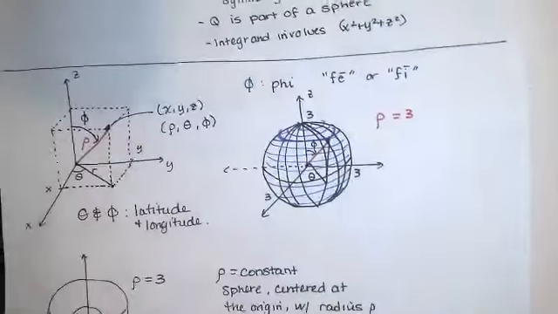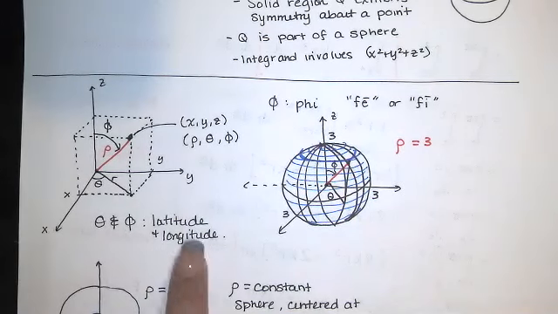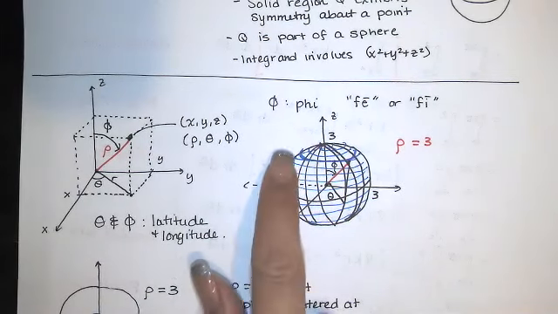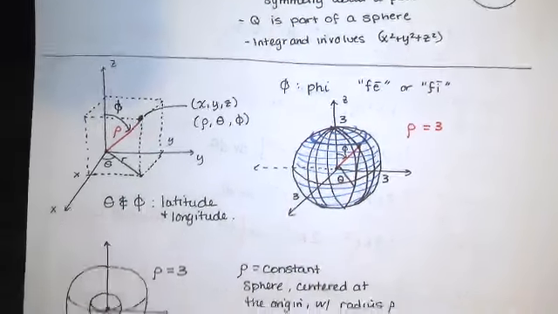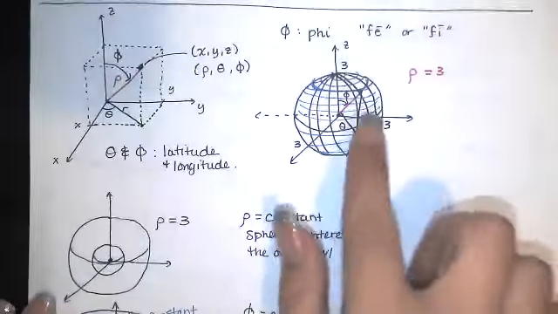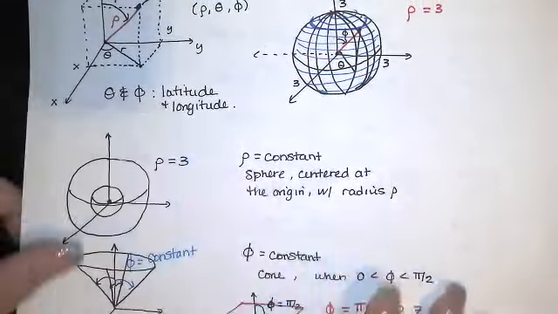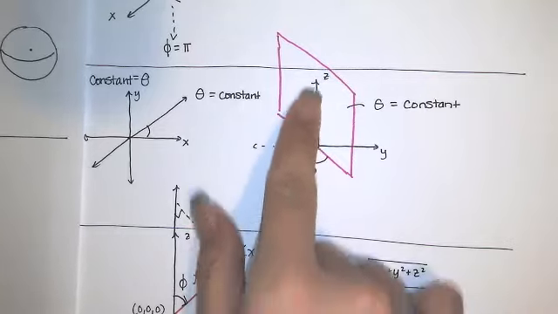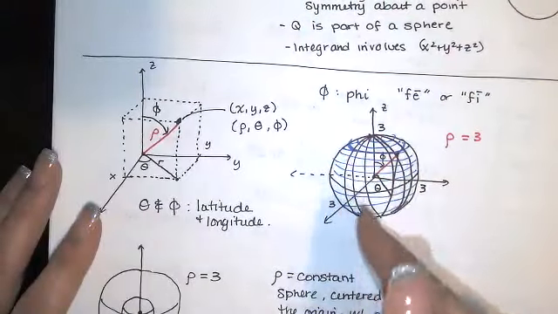And if you put all those pieces together, you get something that looks like a sphere with latitude and longitude lines on it. Theta and phi give you the latitude and longitude. These blue circles correspond to constant values of phi because those are where those cones are intersecting our sphere. And when theta equals a constant, I've got planes that pass through the z-axis and they're intersecting our sphere, so we get these lines.